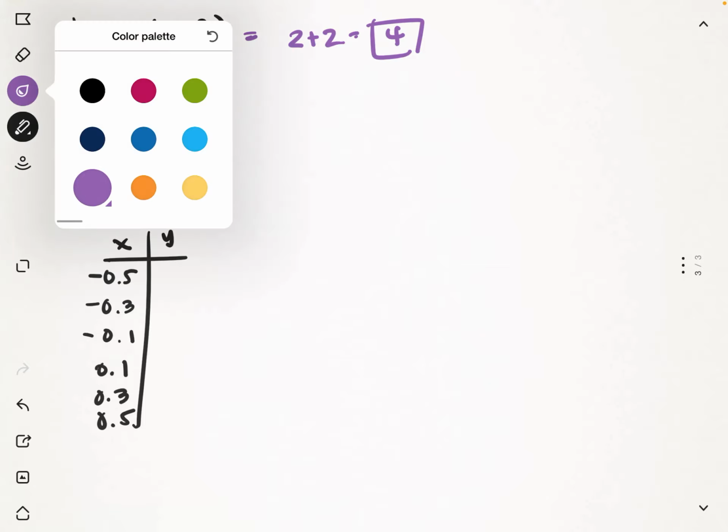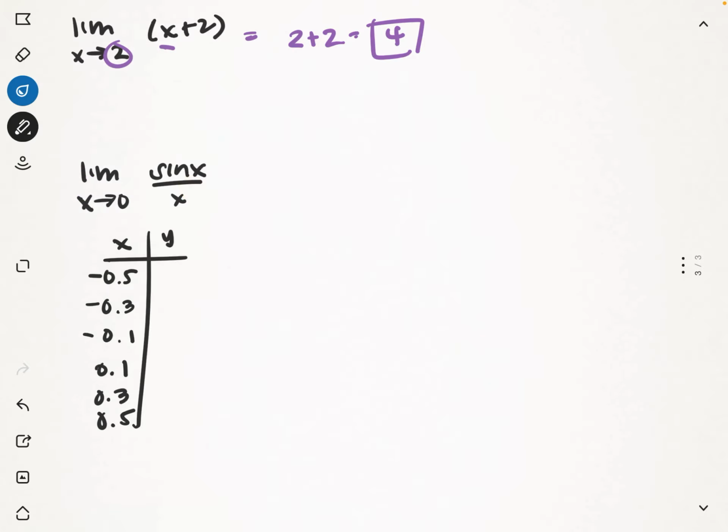So let's change our color here one more time, and then let's fill in our table. So we're going to do sine of negative 0.5 divided by negative 0.5, and I'm going to round to the nearest thousandth, which is 0.959.